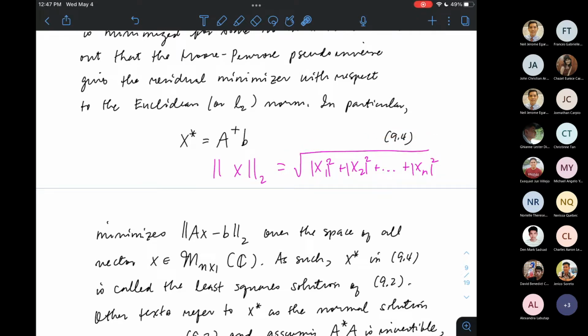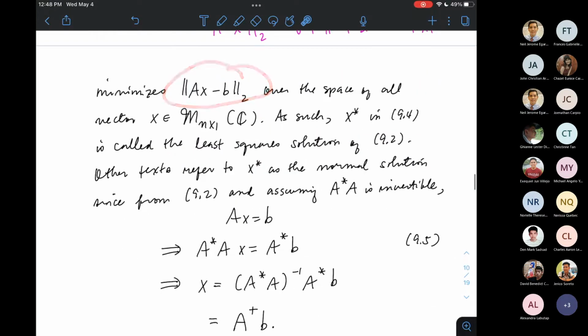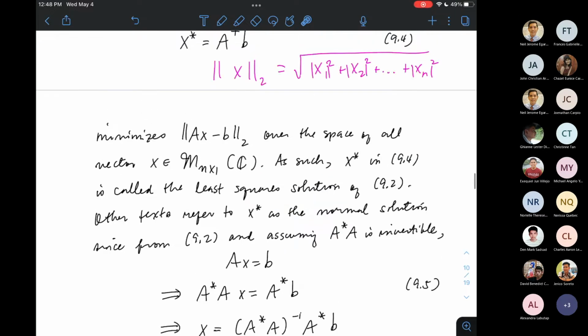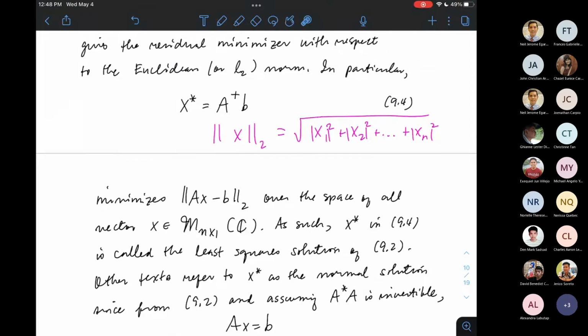So kaya ang tawag dun sa solution na nakukuha natin using the Moore-Penrose Pseudoinverse, or the solution that minimizes the L2 norm of this residual, ang tawag natin sa kanila ay yung least square solution. Because this will give us the solution that minimizes the sum of the squares of the components of the error vector. Kaya ang tawag ay least square solution.